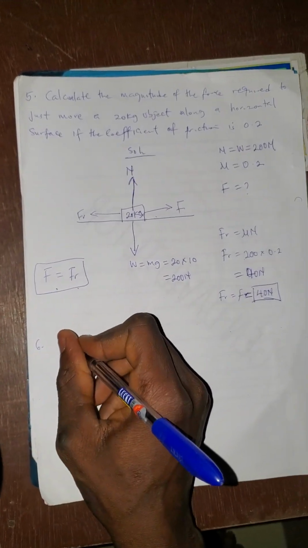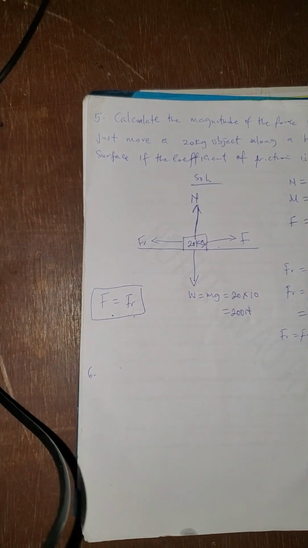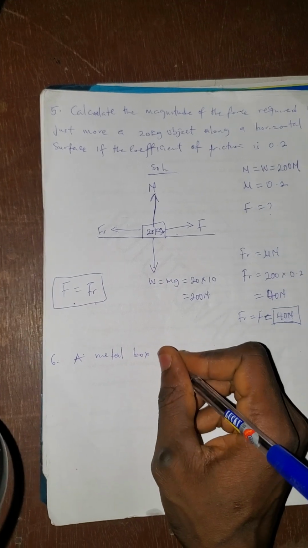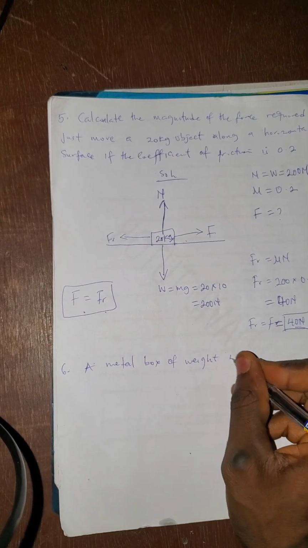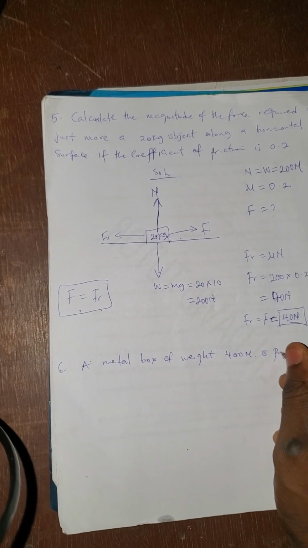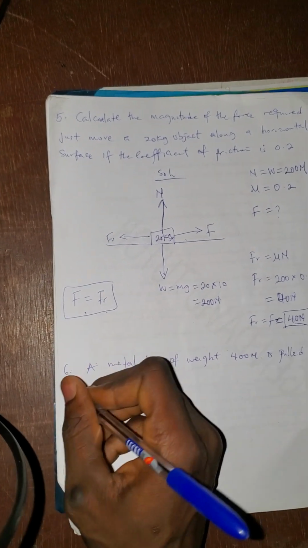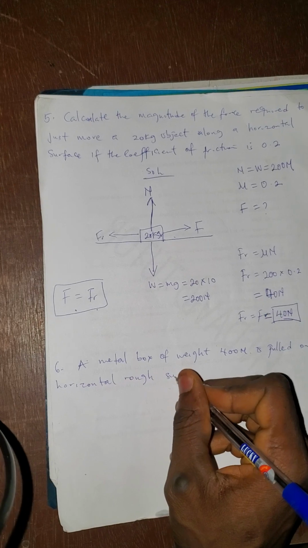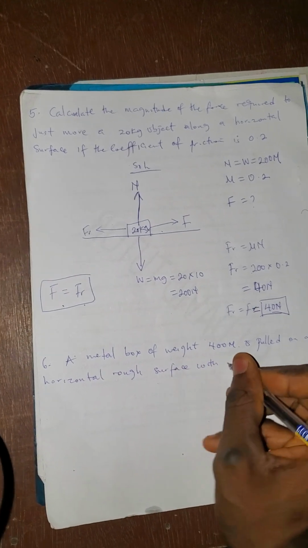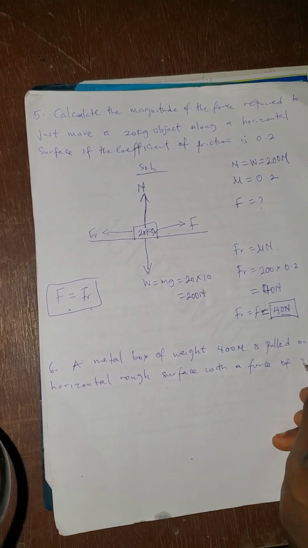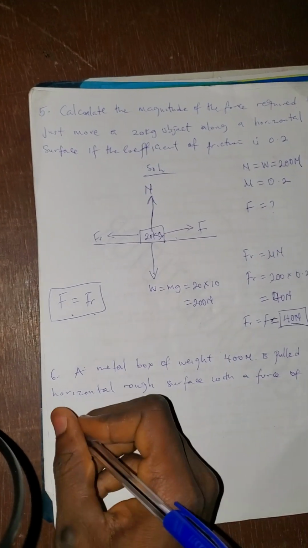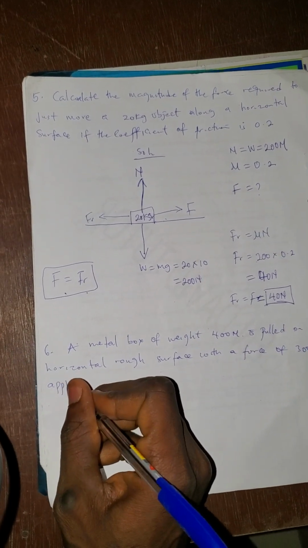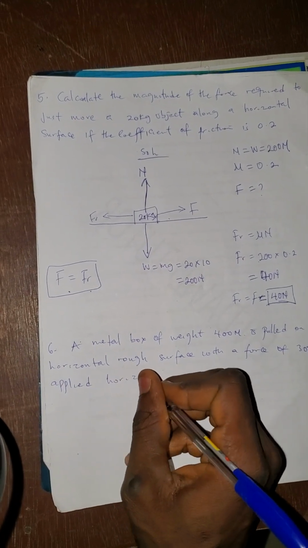Now question number 6. Question number 6 says: a metal box of weight 400 Newton is put on a horizontal rough surface with a force of 300 Newton applied horizontally.